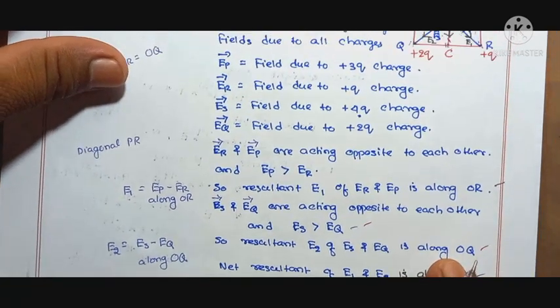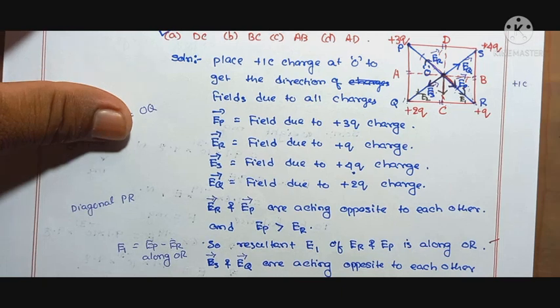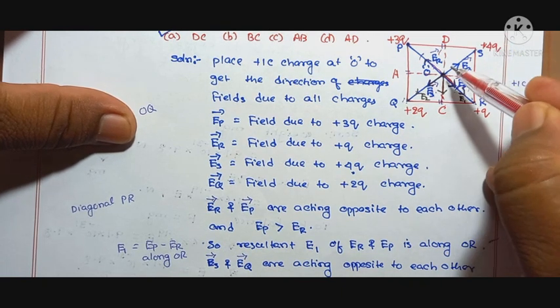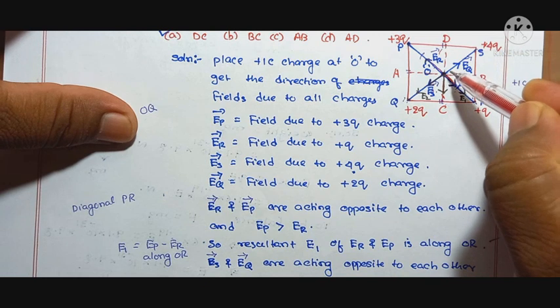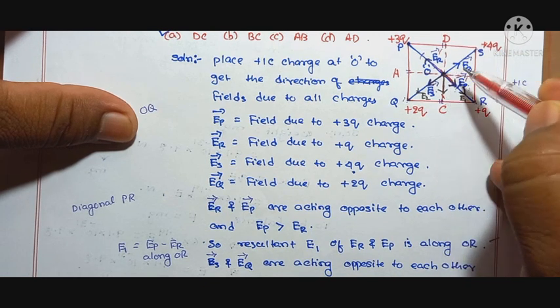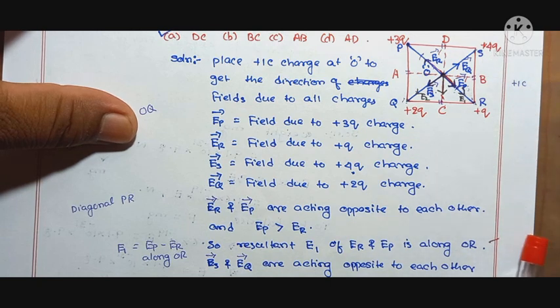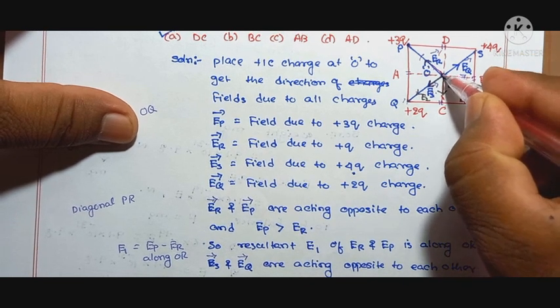So net electric field intensity between EP and ER is along OR in this direction.